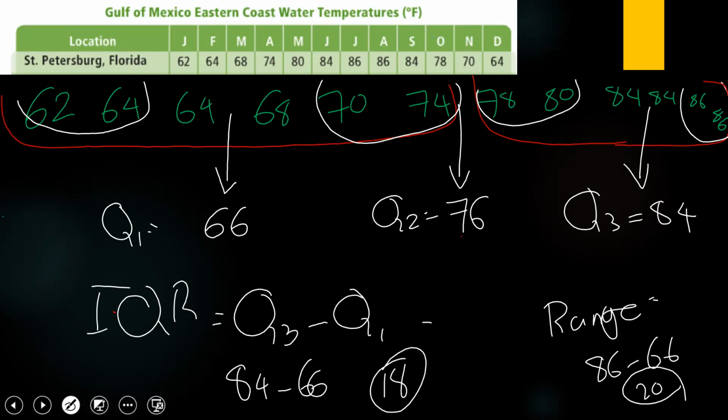So by now for St. Petersburg, Florida, we found the mean, mode, median, IQR, and the range. Teacher, it is not 66, it is 62. Okay. Sorry. So it will be 84. Thank you, Rose. So here we found the range, the IQR, mean, median, mode, everything for St. Petersburg.